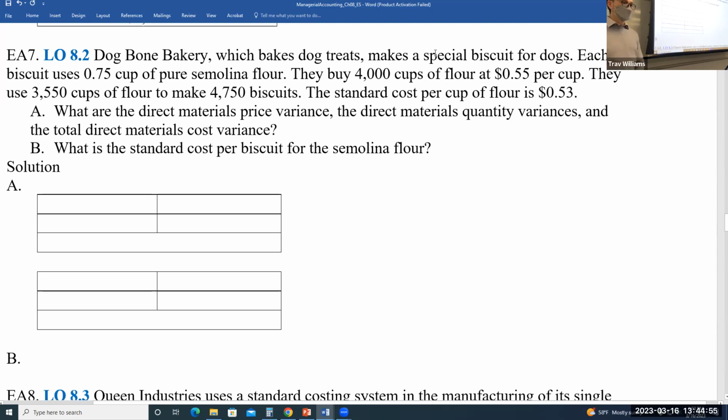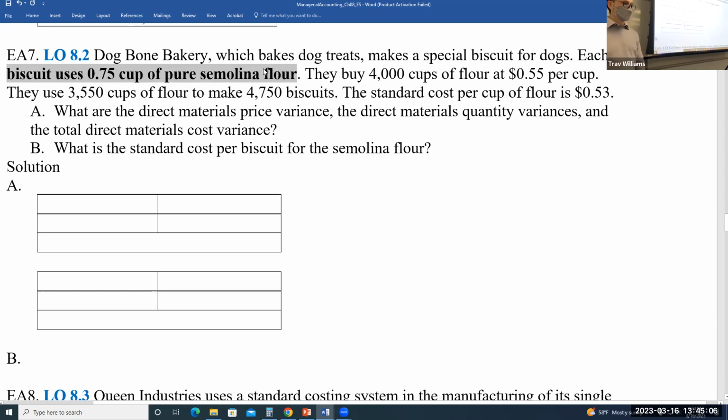Got Dog Bone Bakery. They make biscuits for dogs. Each biscuit uses 0.75 cups of flour. Okay. They buy 4,000 cups at a price of 55 cents per cup.